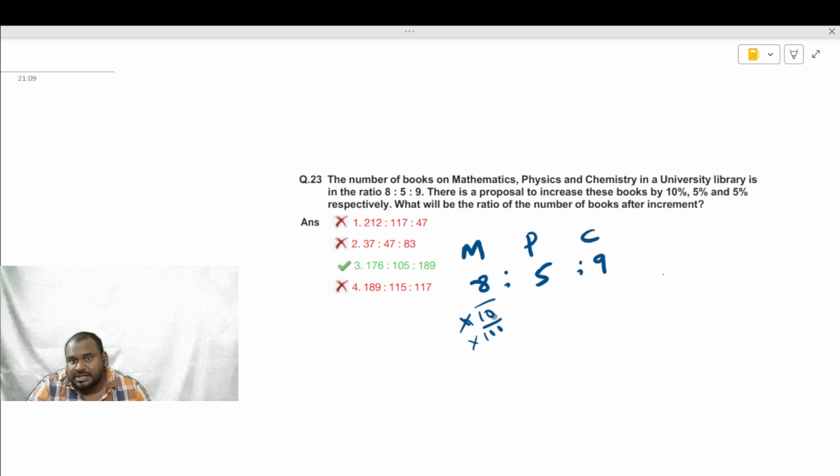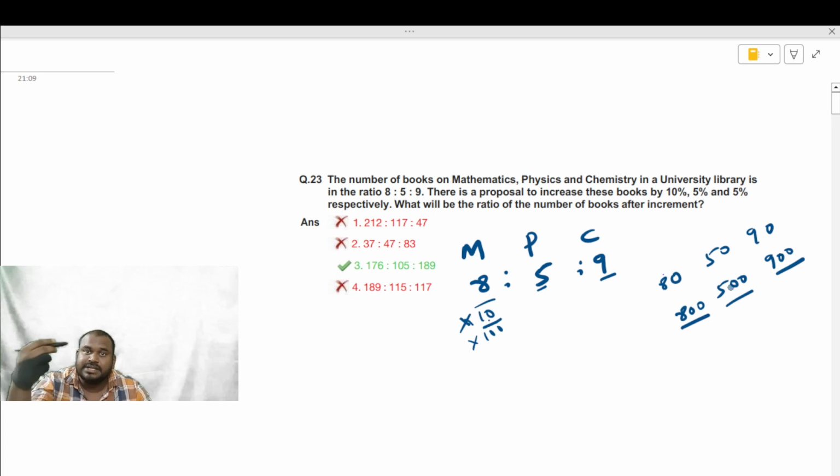So if you are multiplying 8 with 10, you should multiply 5 also with 10 and 9 also with 10, like 80, 50, 90. Or else 800, 500, and 900 also you can take to solve. Then that will be converted into numbers, and on that you can do your calculation. Finally, you can get whatever you want.